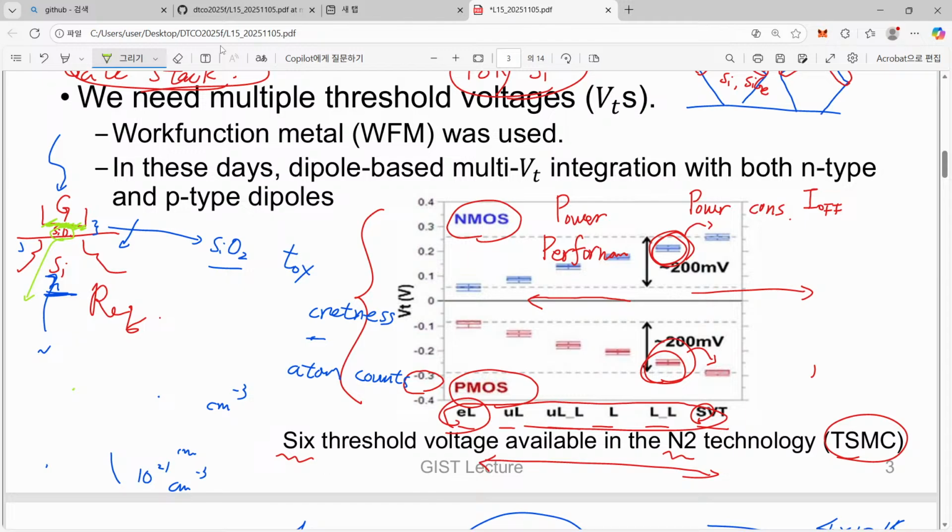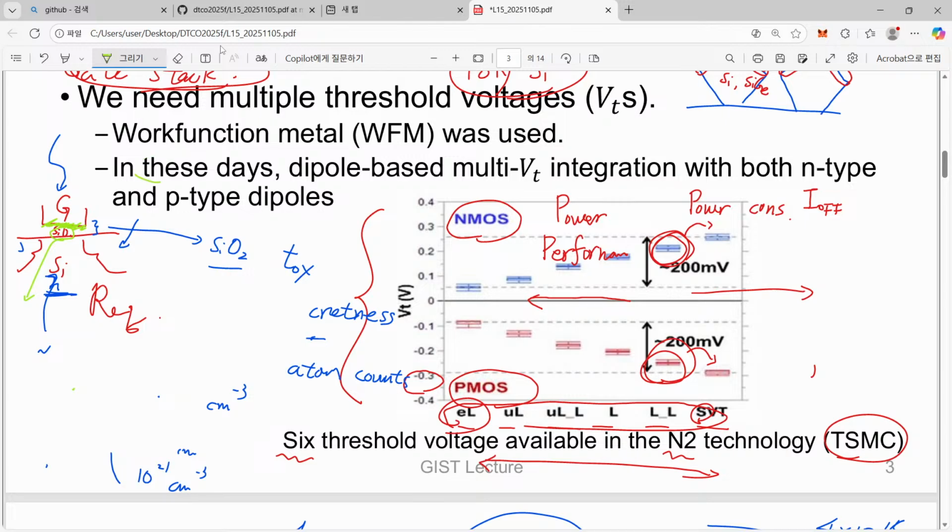Okay, so I think that now I have covered the requirement or desire to have multiple threshold voltages, and also shown you the trend. We have made a big change from substrate-dominated ways to control threshold voltage to now a gate-stack-dominant way to control threshold voltage.